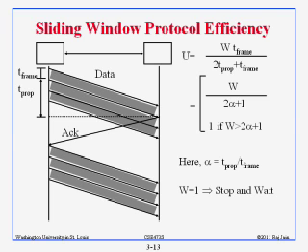So everybody understands the window flow control? Basically, window is the number of packets that can be outstanding without acknowledgement, and the larger window is better for efficiency reasons, and it affects the efficiency. And here is the formula: W upon 2 alpha plus 1.